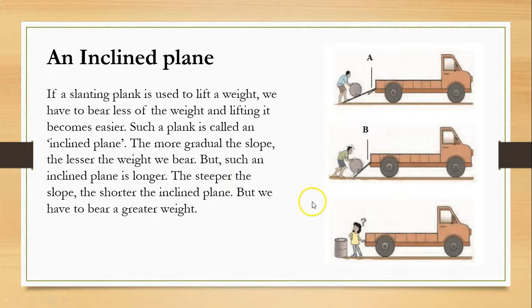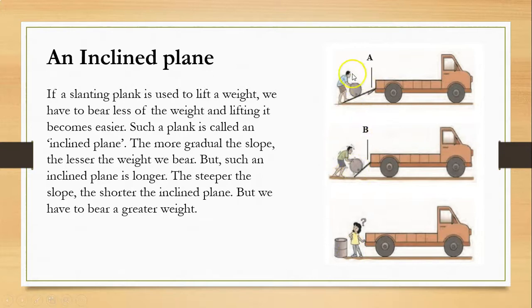That is why Rahi, who did not use a plank, literally had to pick up the entire drum and load it. So she found it the hardest and the drum was the heaviest for her.